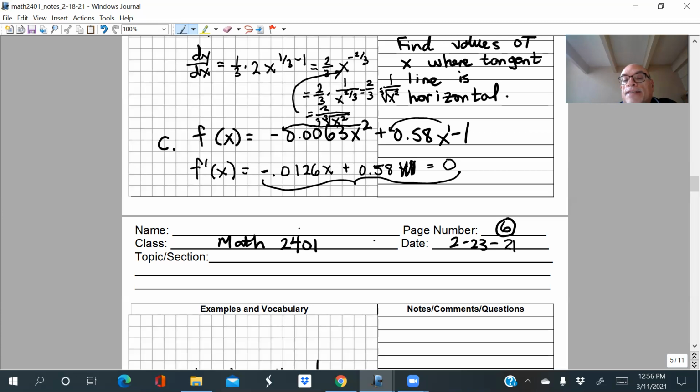Take the derivative and set it to 0. And then you can answer this question. And by the way, as Colin mentioned earlier, where the tangent line is horizontal, that is where the turning point is. So we would be finding the x values where the turning points are on this function.